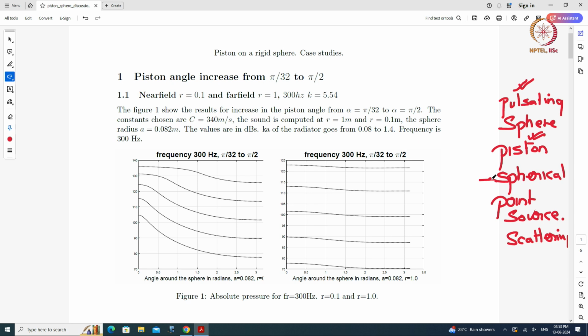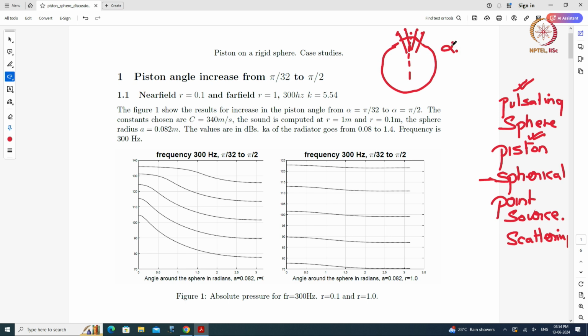So what we have here is a rigid sphere, and symmetrically placed there is a cap or a piston that is oscillating back and forth, and this half angle is alpha.